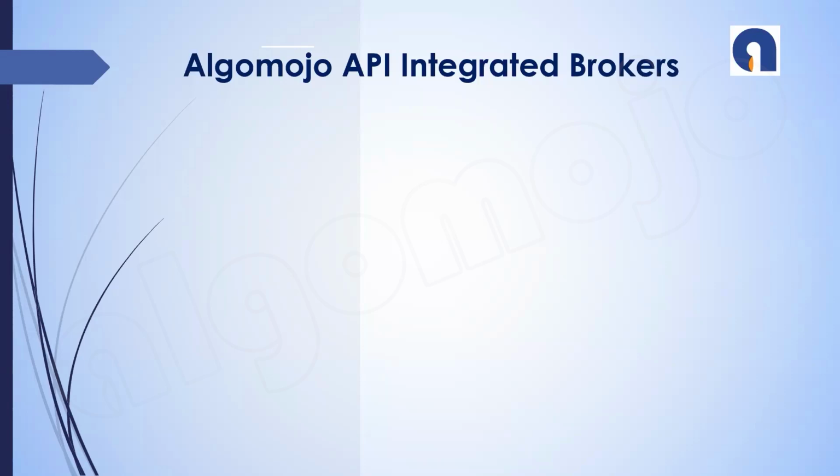There's no fixed time by when they will be active or they would have refreshed. But of course, towards the market opening, they should definitely be active. So we suggest that please log in to Algomojo platform as close to market open as possible.